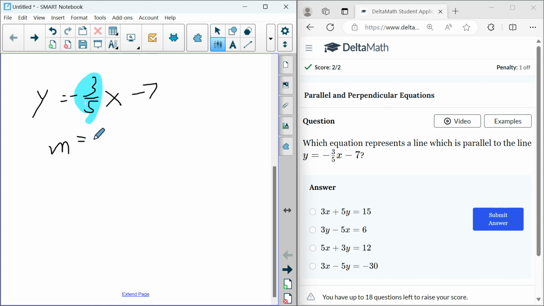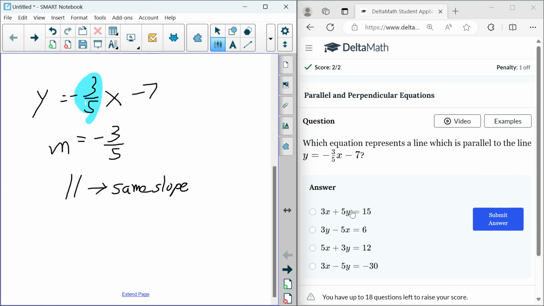M is currently negative 3/5. Since we want to be parallel to the line, parallel for us is going to mean same slope. So we're going to figure out which of our equations have the same slope.